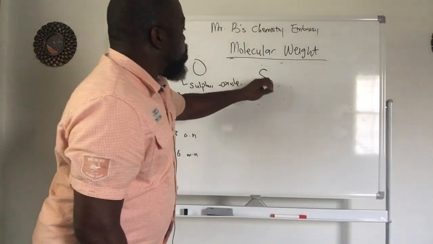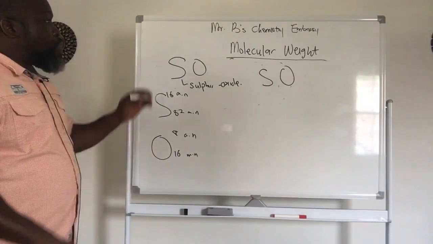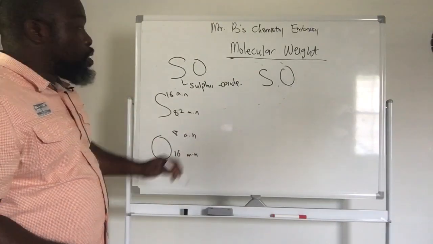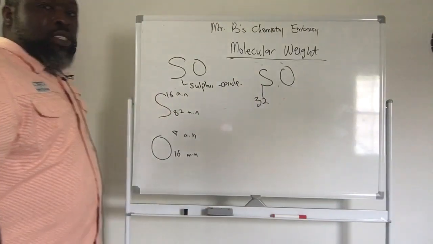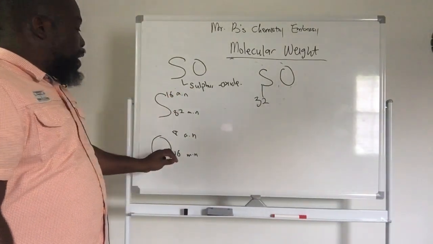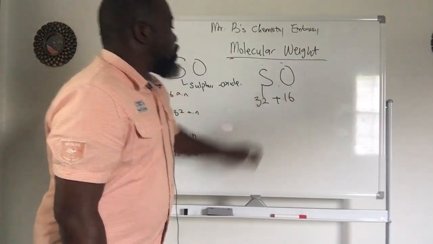So for SO, what number do we use again for our molecular weight? It's always our mass number. What is the mass number of sulfur here? 32. Then what is the mass number of oxygen here? 16.